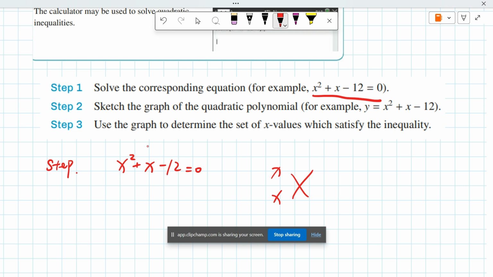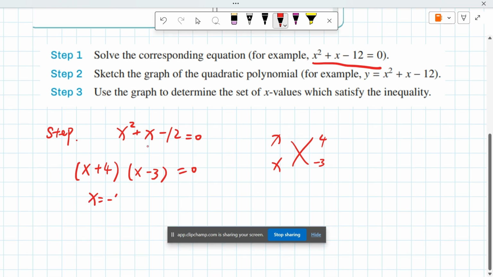So we have 4 and minus 3. 4 times minus 3 is minus 12, and also 4 plus minus 3 is 1. So we say x plus 4, x minus 3 equal to 0. So x equals minus 4 and x equals 3.